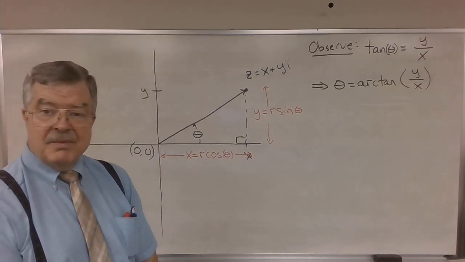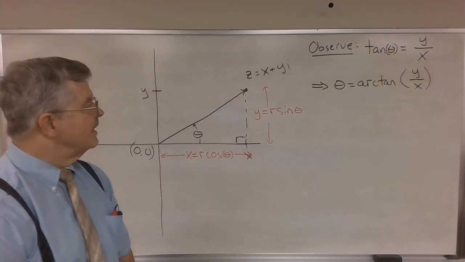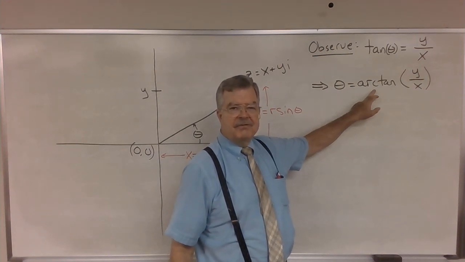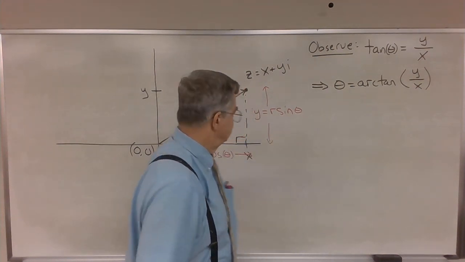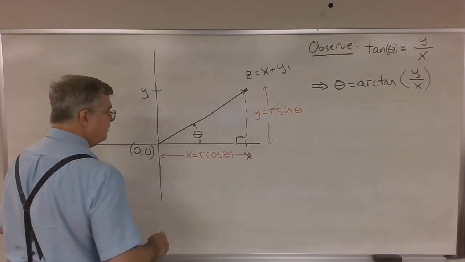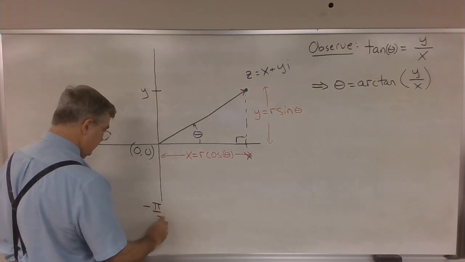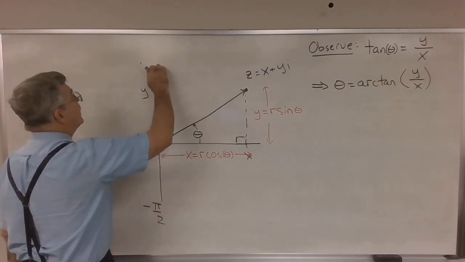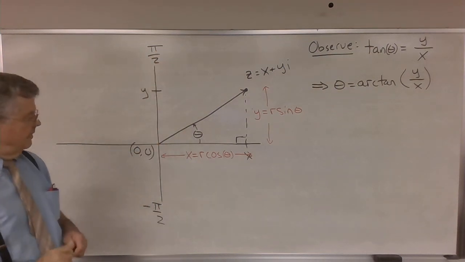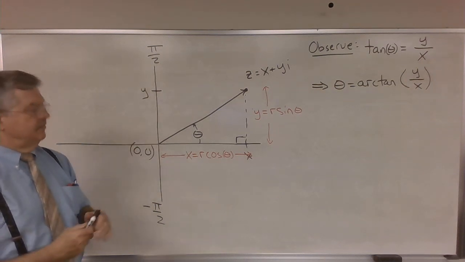And it probably wasn't emphasized that much in Cal 2 or Cal 3. But the arctangent function gives us values between negative pi over 2 and pi over 2. So in other words, quadrants 4 and 1.